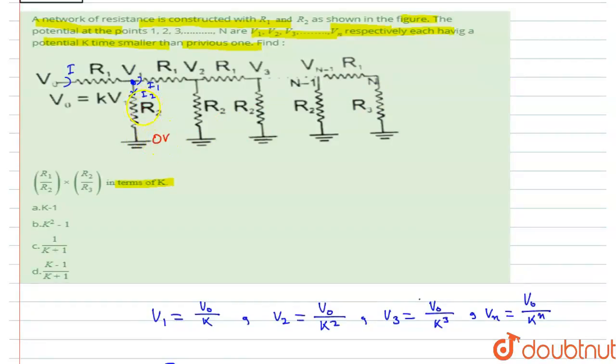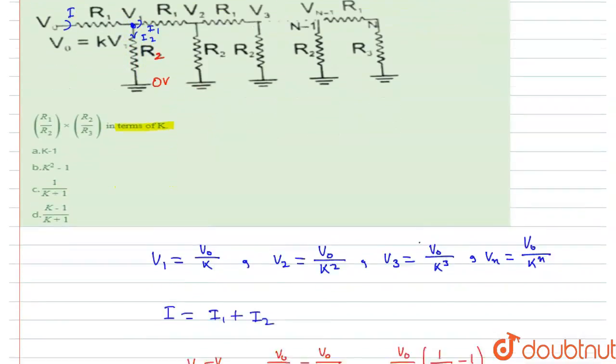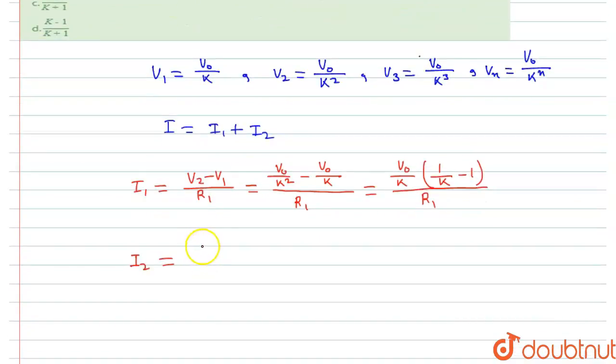So I2 is equal to 0 minus V1 divided by R2. V1 is equal to V0 divided by K, so this is equal to minus V0 divided by K into R2.